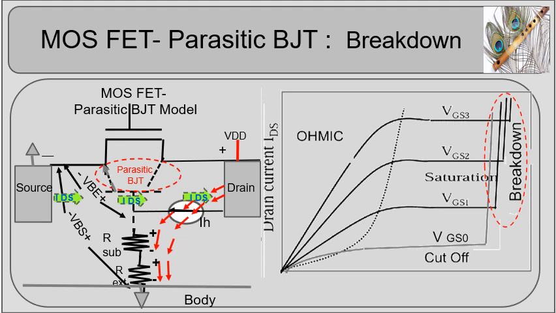Some of the hot electrons will collide with the drain structure and liberate electron-hole pairs. The liberated electrons are collected back by the drain and holes are collected by the substrate. The hole current creates an IR drop in the substrate resistance, forward biases the parasitic BJT and starts conduction. As this process continues, the FET loses gate control and the parasitic BJT starts multiplying the carriers and enters into avalanche breakdown.